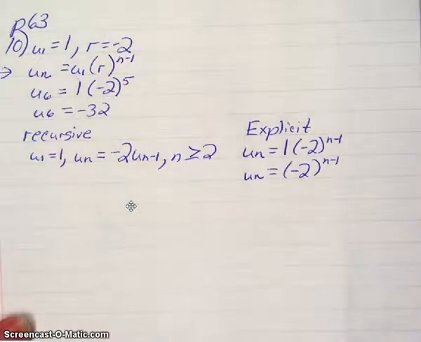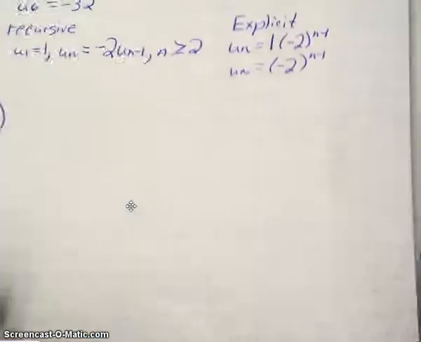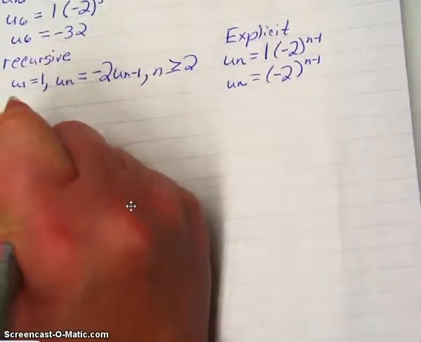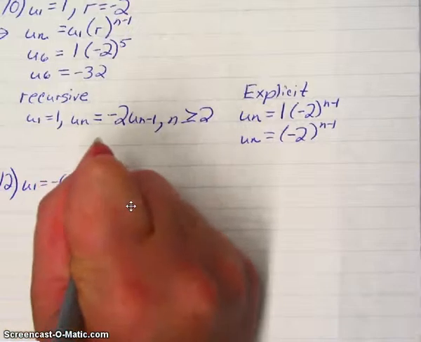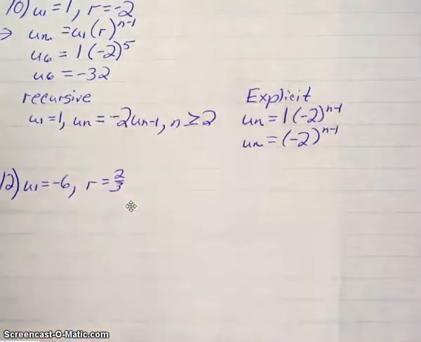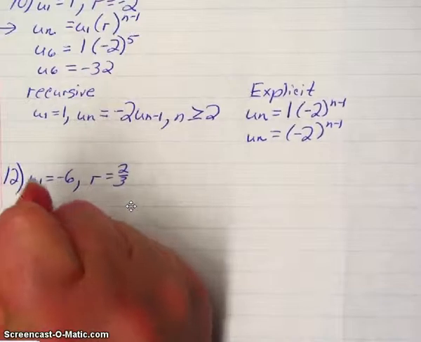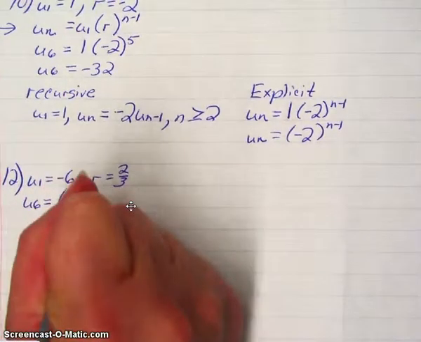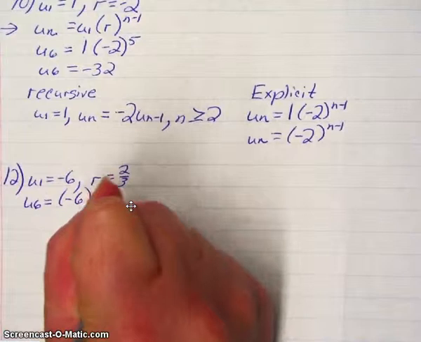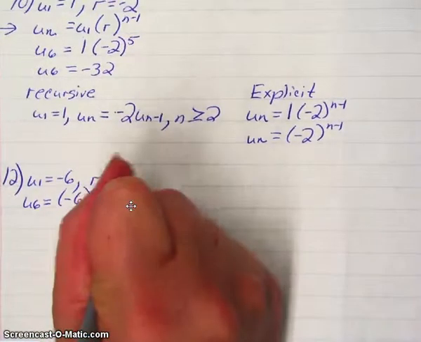All right, problem 12. I'm given u sub 1 is negative 6, and r is 2/3. So u sub 6 is equal to the first term times the common ratio to the power of 5, because it's n minus 1.